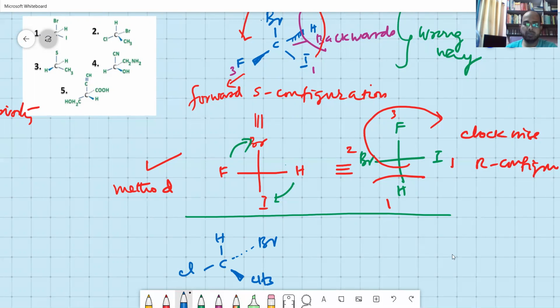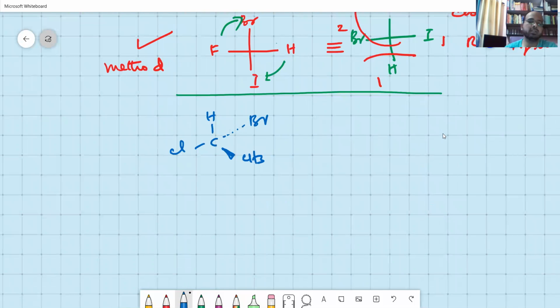This is a bit difficult because dashed means it is backwards. This solid wedge means it is front. So you can make a front and backward like this. Br and CH3 like this.